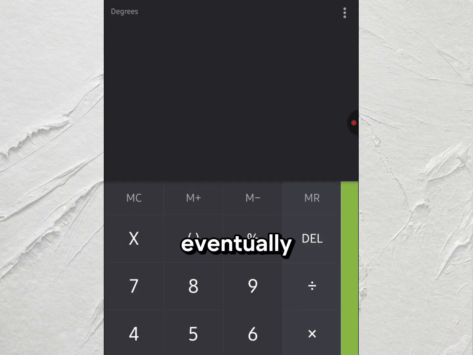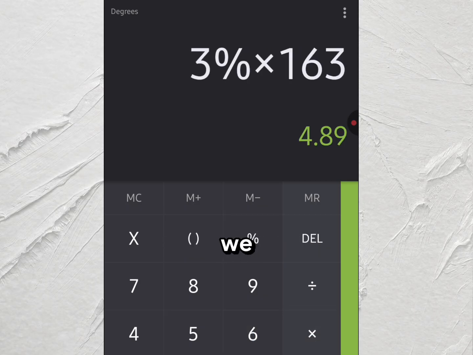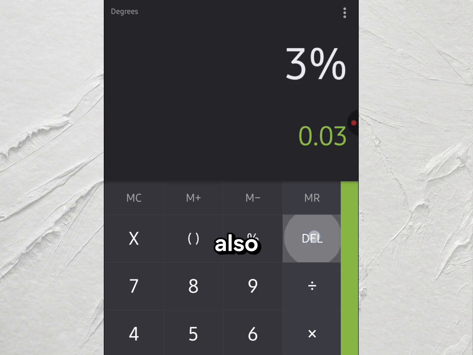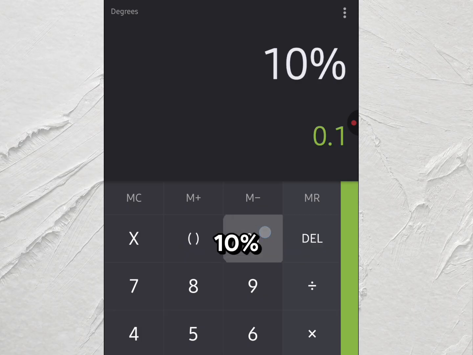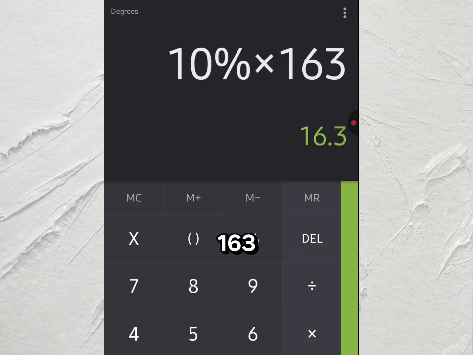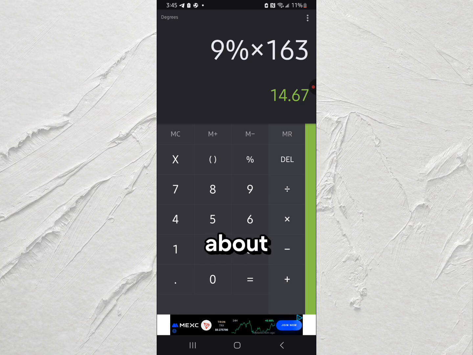So if eventually our trade goes minus 3% times the 163, we are losing 4.89. So this will also help you to calculate all of this. If eventually the trade goes to 10% times the 163, we are losing 16. Even if the market doesn't go to 10% but just 9% times 163, we are losing about 14.